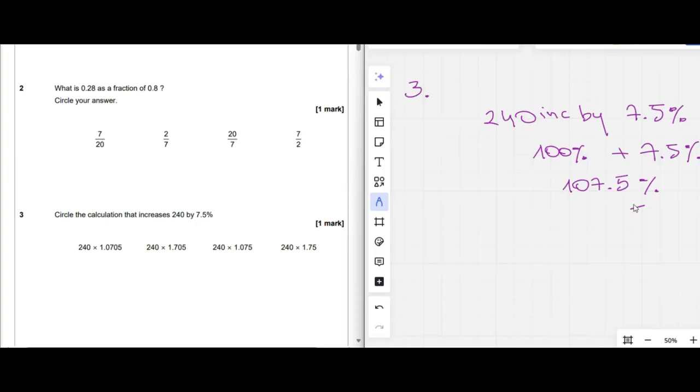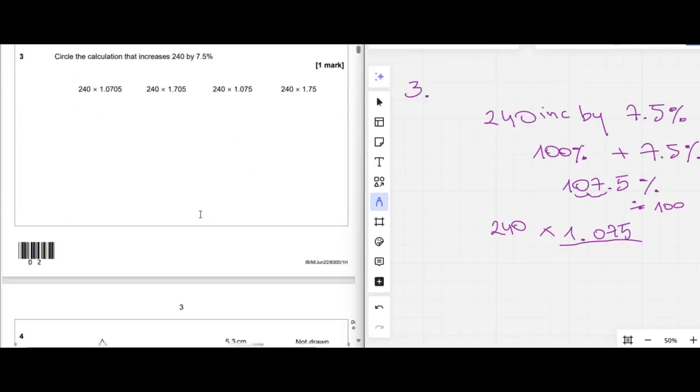And if percent means divided by 100, we are moving the dot 2 places to the left. So 1.075. This is that increase in decimal, 240 times this. And is there one? Yes, there is. That third option is the answer. Okay.